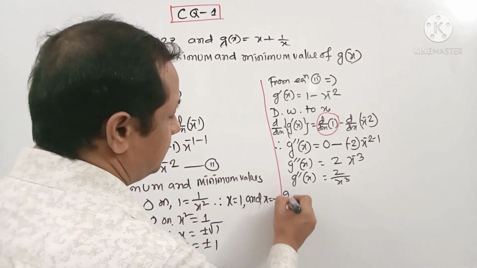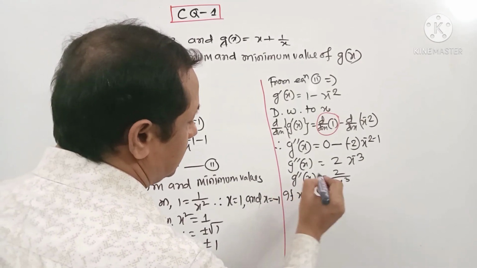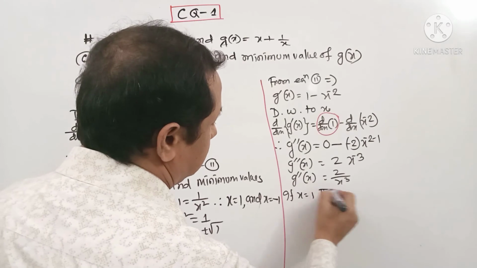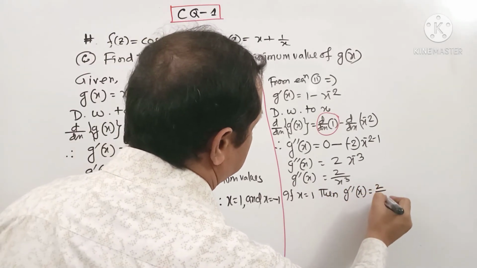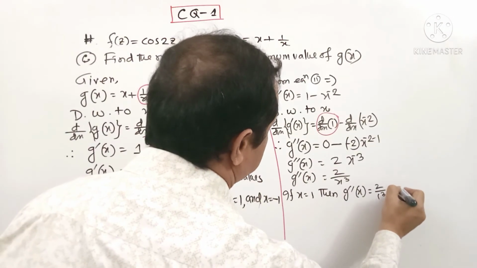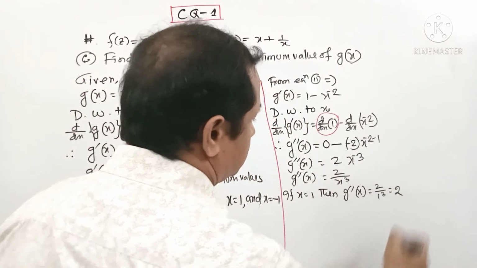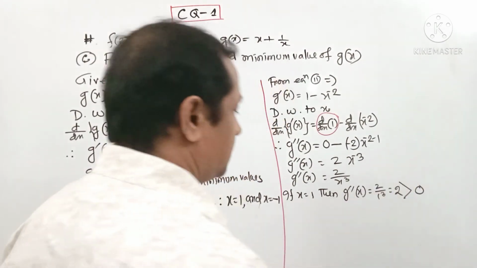So student, if x equals 1, then g double prime 1 equals 2 by 1 cube equals 2 by 1 equals 2. So it is greater than 0.